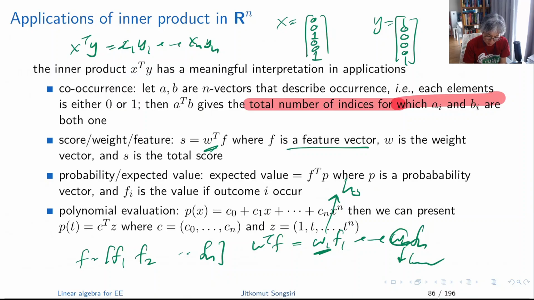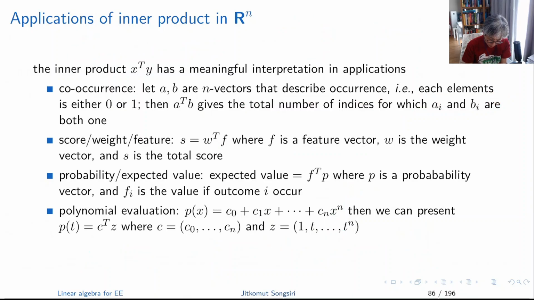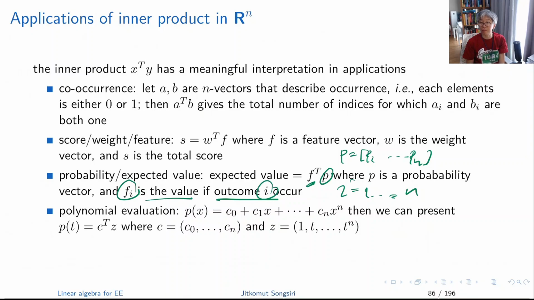In the third example, in probability, suppose your vector f has value f_i if outcome i occurs, for i from 1 to n, and the vector p1 dot dot pn is the probability vector of the ith event.